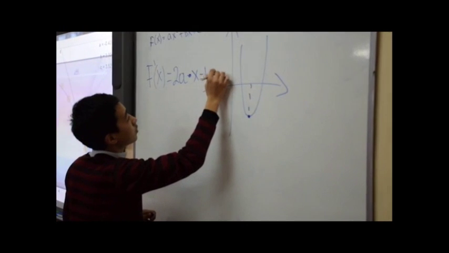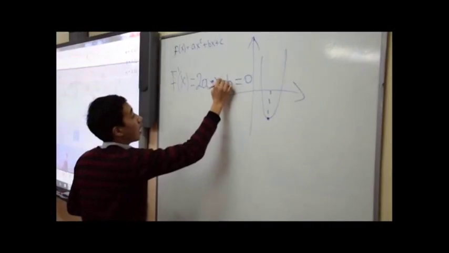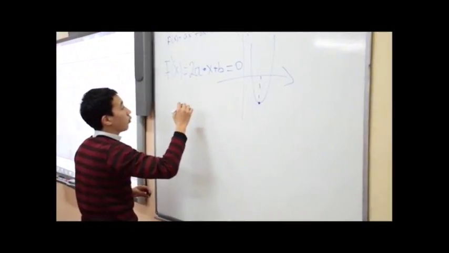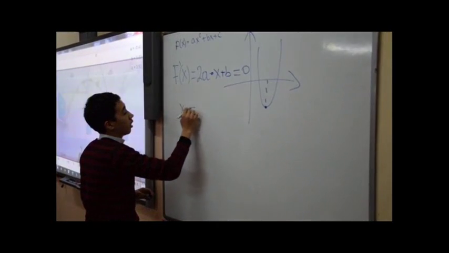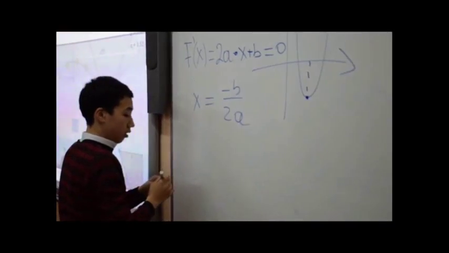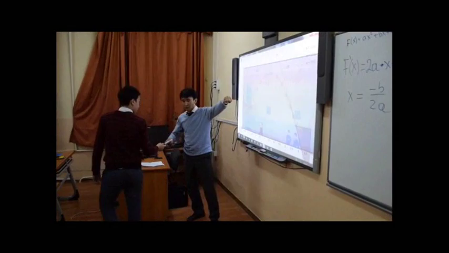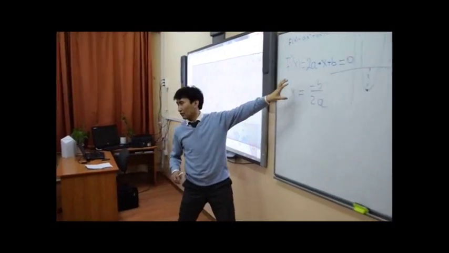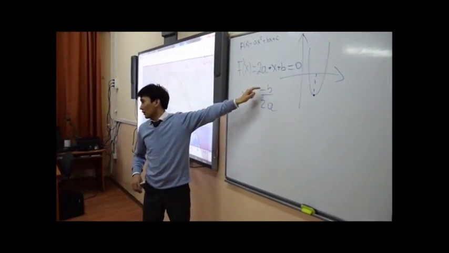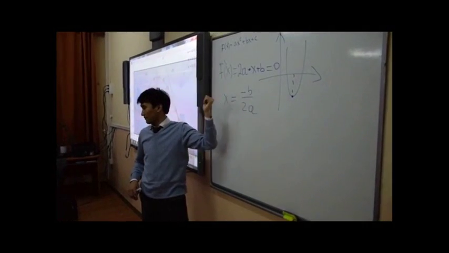And equalize it to 0. One mistake there: plus b must be. Okay. Yes. If we want to find the vertex of this function, we find it by this formula, minus b over 2a. Now this is the x coordinate of the vertex of the parabola. Is this correct? Yes. You know that from the previous year, but you don't know the proof of this. With the help of derivative, we can prove that the vertex of the parabola is found with the help of this formula.